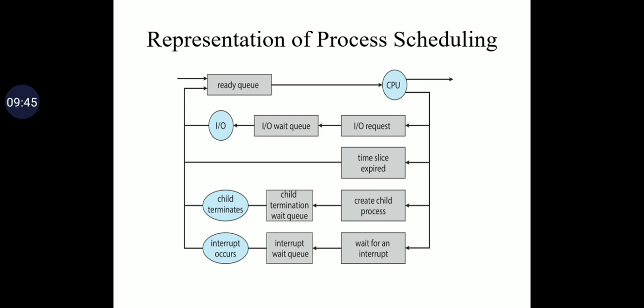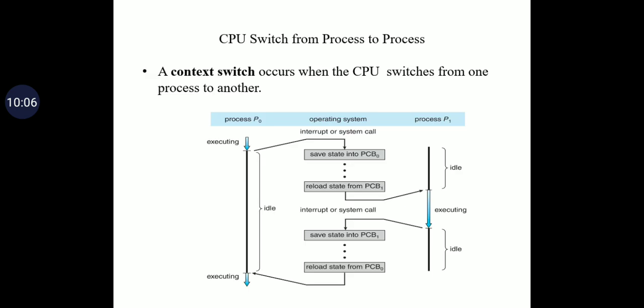Once the child process terminates, the parent will be put back in the queue. The next one is if any interrupt comes, that should be handled, and once that is over, the process will be put back in the ready queue. So this is how processes are scheduled based on whatever event has happened.